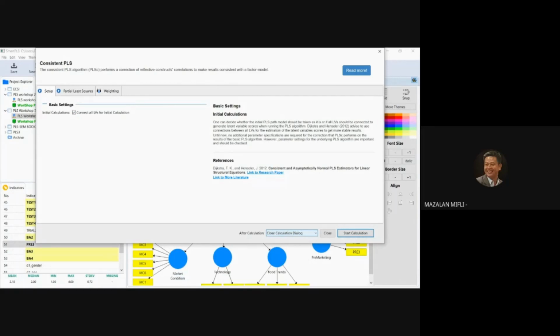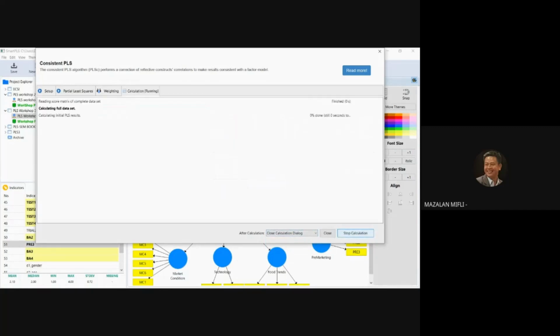But you can always opt for this open full report, so that you'll be able to see what the report looks like. Because I'm quite familiar with this, I don't have to, but I think you do. So I'm just going to click close calculation dialogs, and then click start.